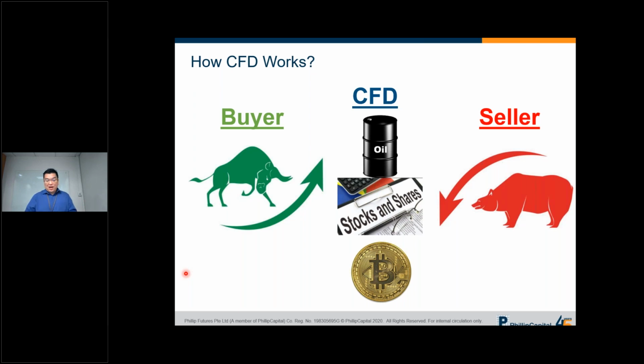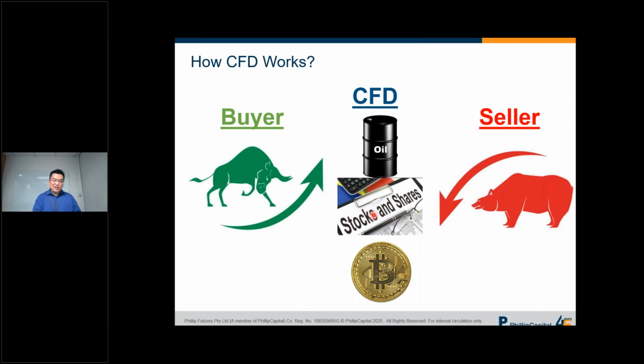A seller is trying to sell high and then buy low, right? But what CFD is good at is that it allows the trading of this CFD on various asset groups. It can be CFD on crude oil or other forms of commodities like gold, silver, or CFD on stock indices or even stocks, the stocks and shares like DBS, OCBC, UOB, just to name a few bank shares.